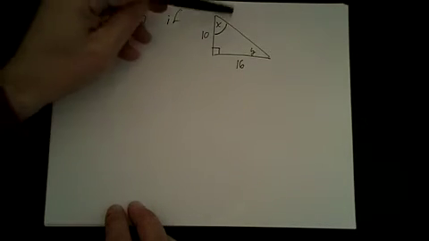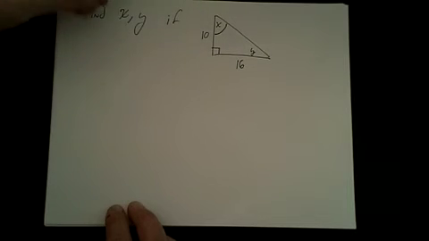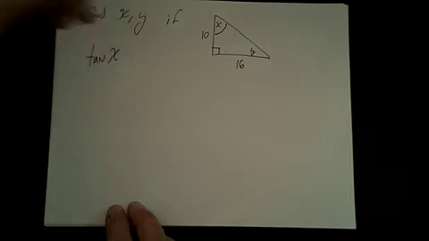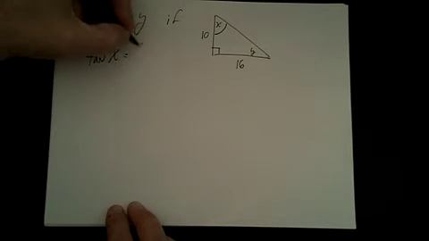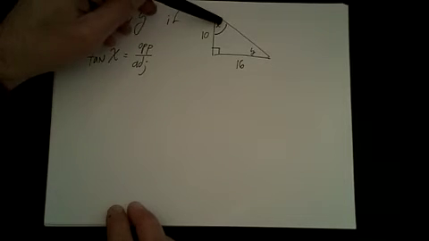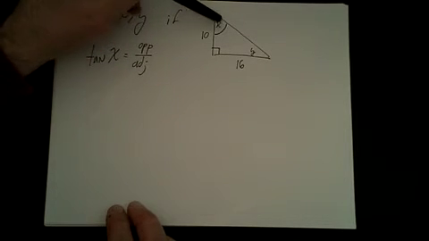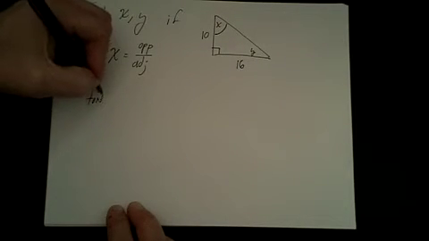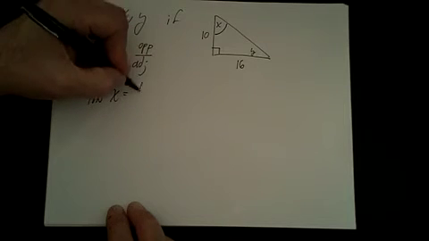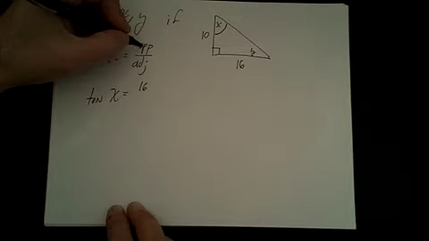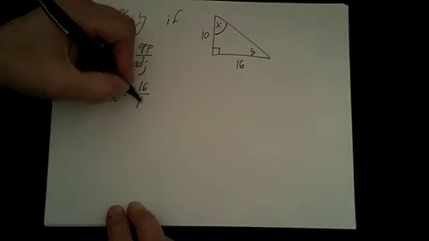In this case, I have the opposite and the adjacent. So tan x is equal to opposite over adjacent, and I have to be careful which is which. If this is the angle I'm interested in, x, this is the adjacent, that being next to it, and this is the opposite. So tan of x is equal to 16 opposite over 10 adjacent.